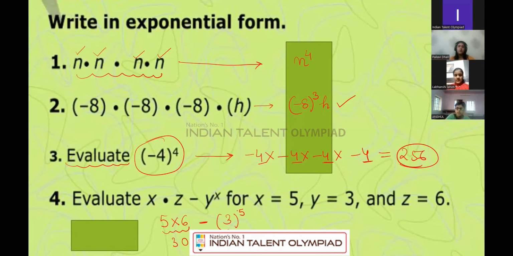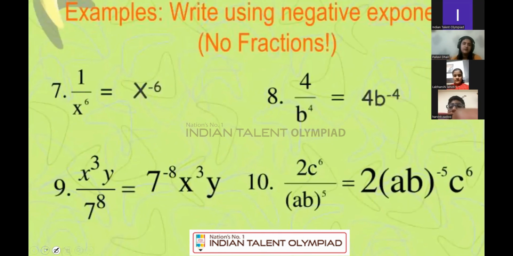It will be something more. 81 times 3 is 243. So here we will get the answer -213. Are we good here? Yes, ma'am.